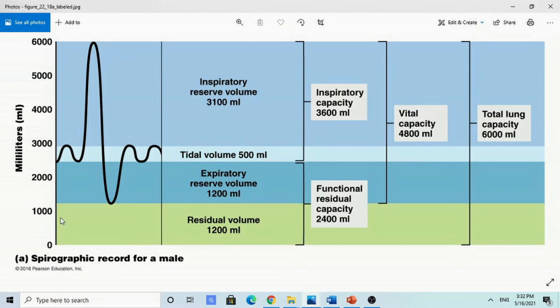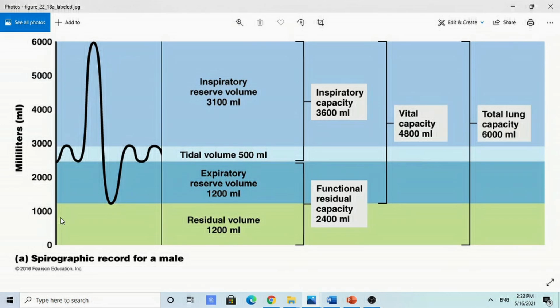By the way, in a healthy or even sick person, our lungs are never empty. There is a certain amount of volume which is in our lungs even after maximum exhalation. After we breathe out the maximum volume of air, there will be some amount of air left in our lungs.